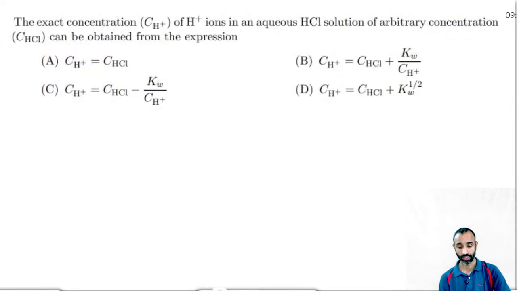So this is the question from NEST. The exact concentration of H plus ions in an aqueous HCl solution of arbitrary concentration C HCl, concentration of HCl is C, can be obtained from the expression. So tell me which expression is true.